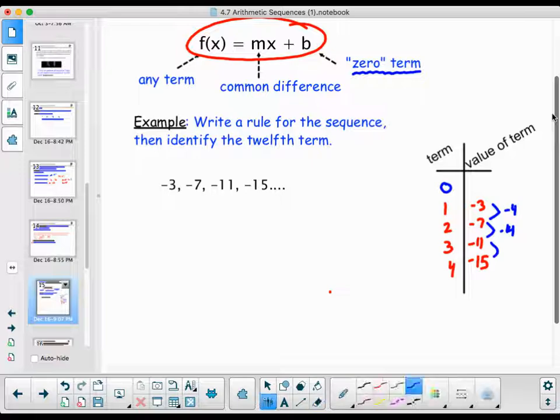So in this particular sequence, common difference is -4. The next thing I'm going to do is identify that 0 term, which would basically be what number is in that spot. So what number decreased by 4 would get you -3, which in our situation would be just +1. +1 decreased by 4 would get you -3. That's my b term.